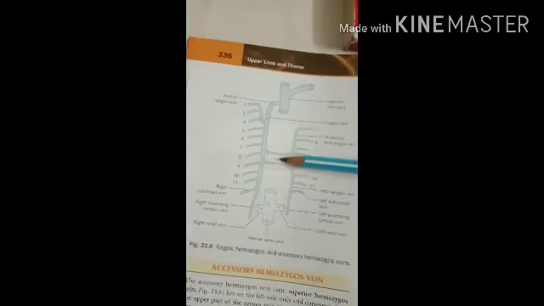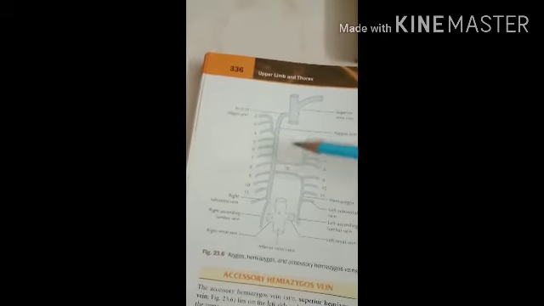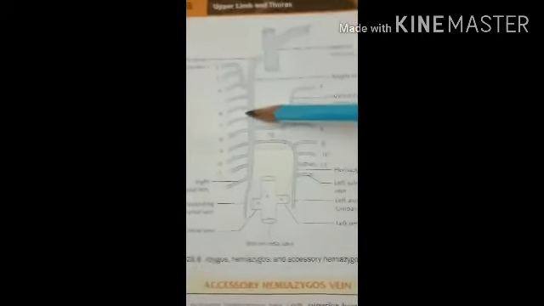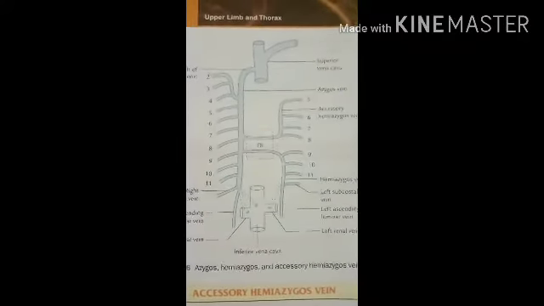Then at the level of T8 vertebra, you can see it turns to the right side and passes in front of the vertebral column, posterior to the aorta, esophagus and thoracic duct, and then terminates into the azygos vein. Here you can see it terminates into the azygos vein.